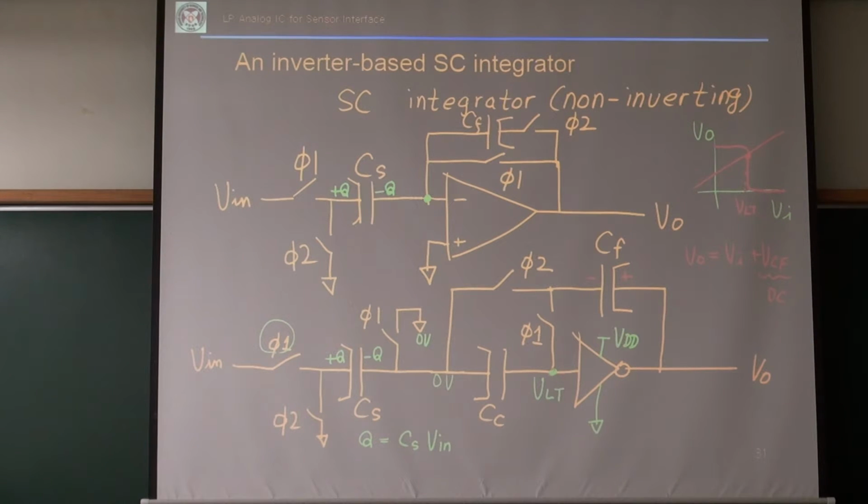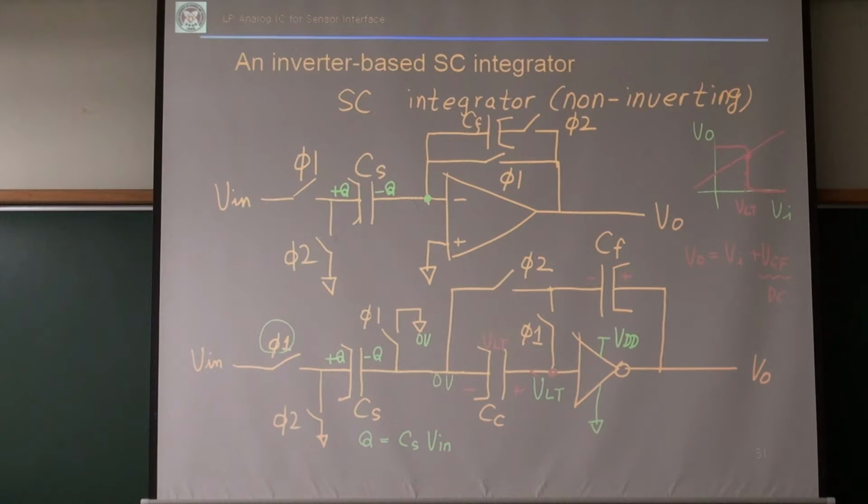This is 0, and this CC will sample charge CC times the logic threshold voltage. This just remains at the logic threshold.